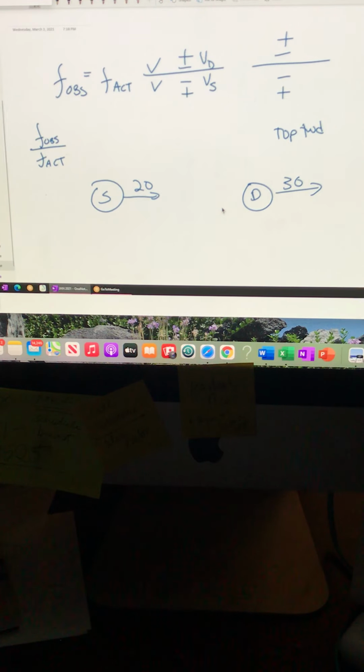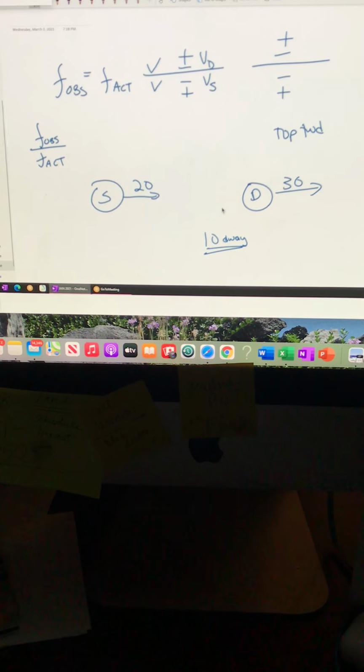It's 10 away. Every second, these guys are going to be 10 apart.